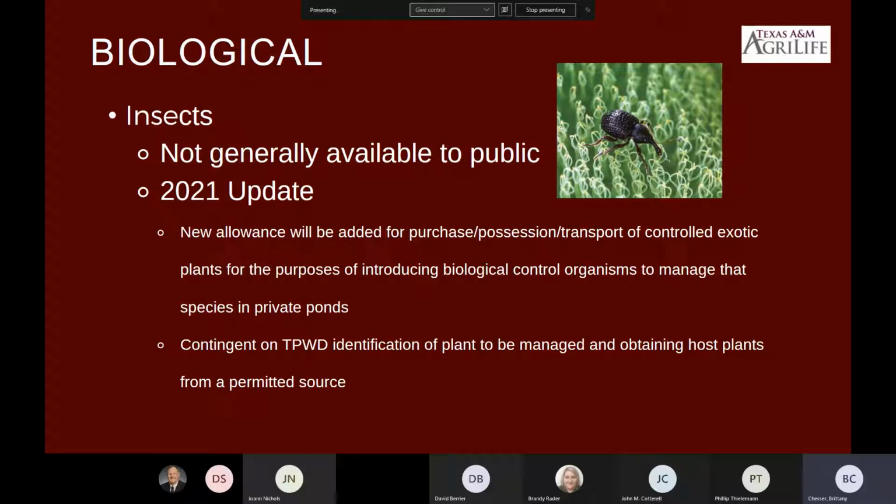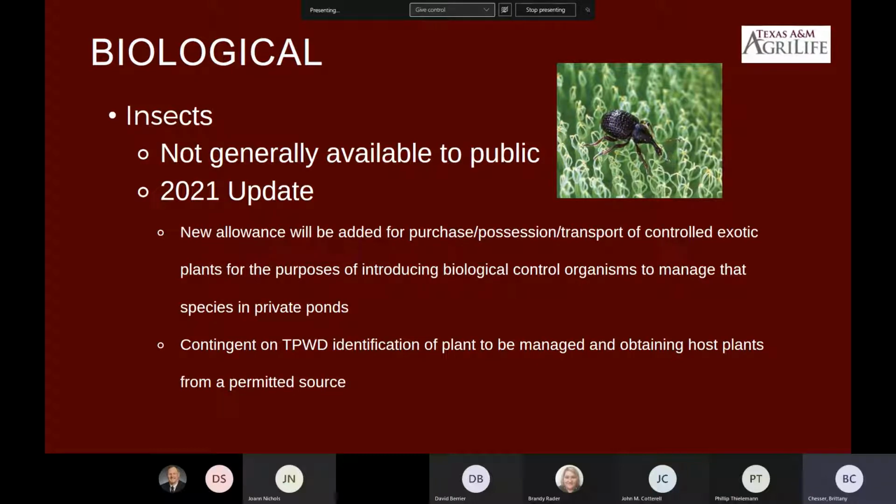Basically, when they're growing the giant Salvinia weevil, they're growing it on the live, exotic, invasive giant Salvinia, and in order to transport them, they need to transport them on the weevil's host, which again is that exotic species. That's why it's been so heavily regulated in the past.